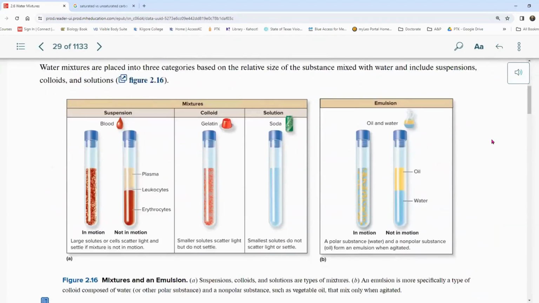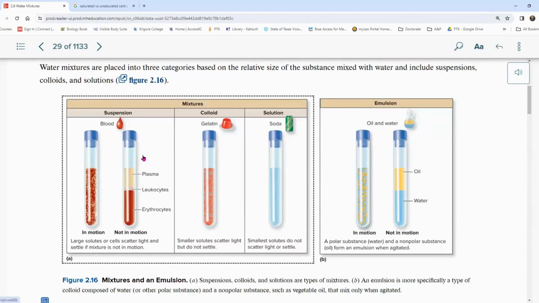So water mixtures. We have mixtures and then emulsions. Like I said earlier, when we take our blood, it's really just a bunch of red blood cells suspended in our water. But if we put it in a centrifuge and spin it to separate it, all the red blood cells go down to the bottom.